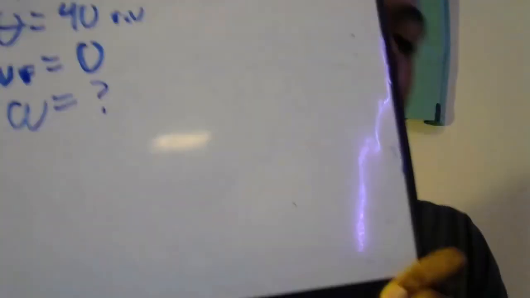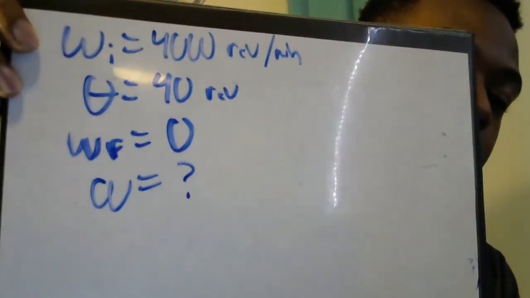We also know that it's going to come to rest, so final angular velocity is going to be 0. We're going to do omega final equals 0. We want to find the constant angular acceleration of this system, so we're going to do alpha equals, I'm just going to put a question mark. That's just what we have given to us.